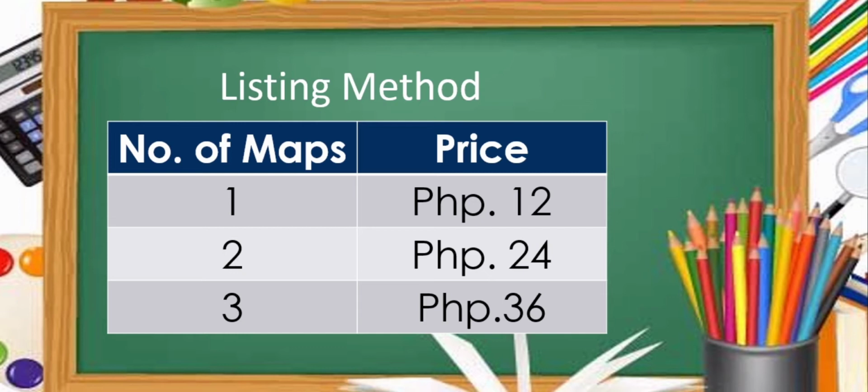You may notice that the number of maps increases as well as the prices of each map. Since the number of maps increases, their corresponding price must also increase. So we can say that the number of maps is proportional to its price.